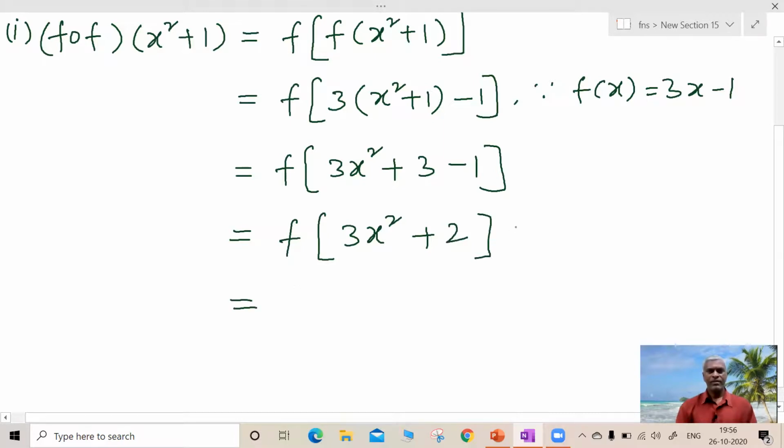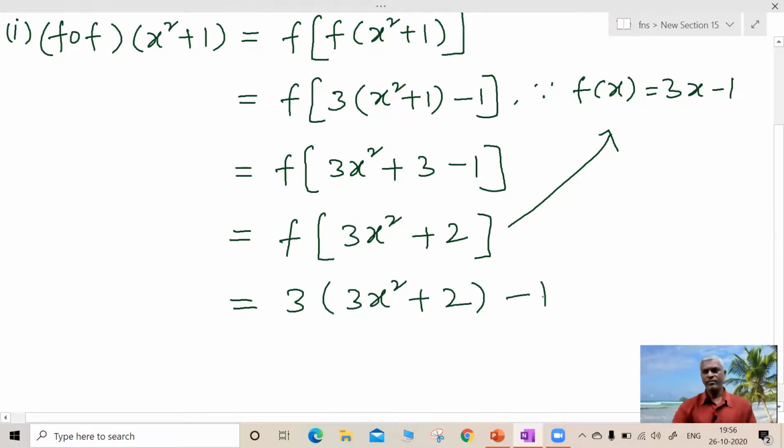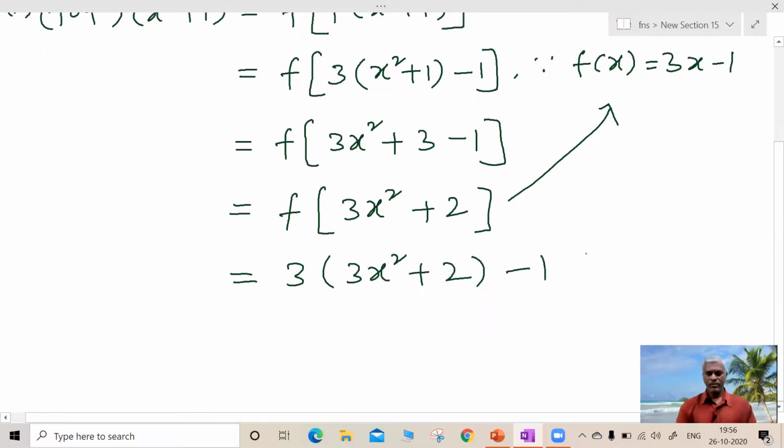Again writing 3x square plus 2 in place of x, that is 3 into x minus 1, and simplifying: 3 threes are 9x square, 3 twos are 6, minus 1.